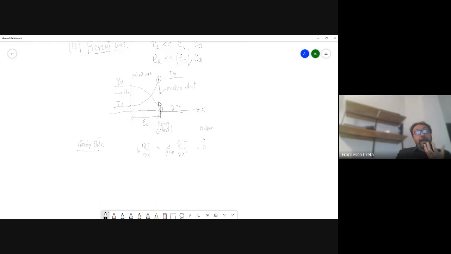So there is a complete balance between convection, let's write it with the letter C, and diffusion. And they balance out, okay?